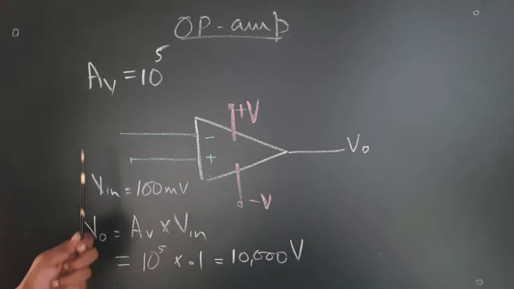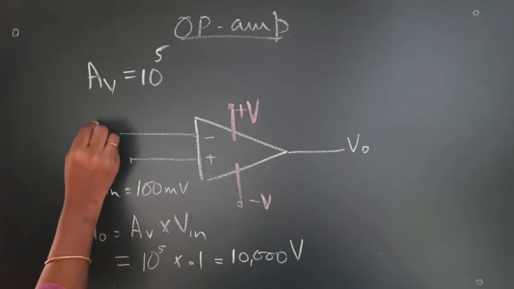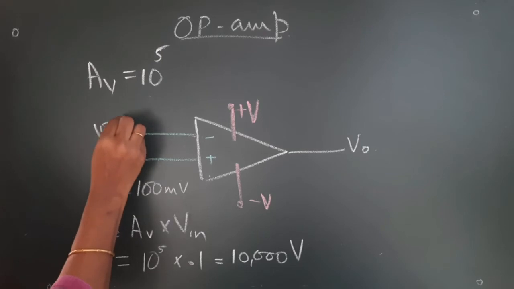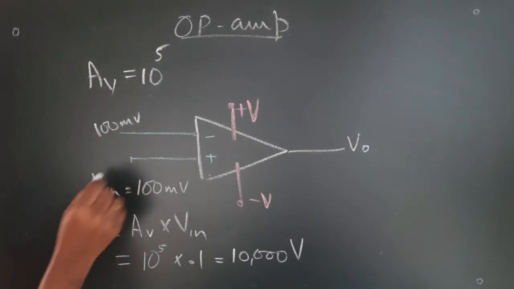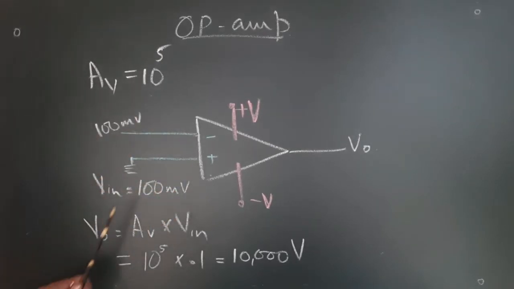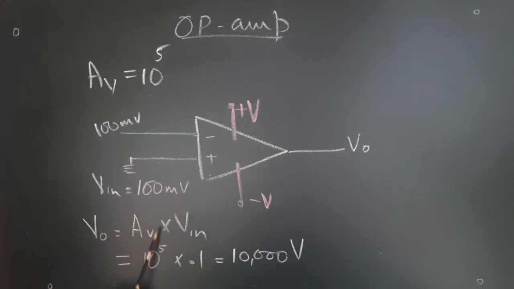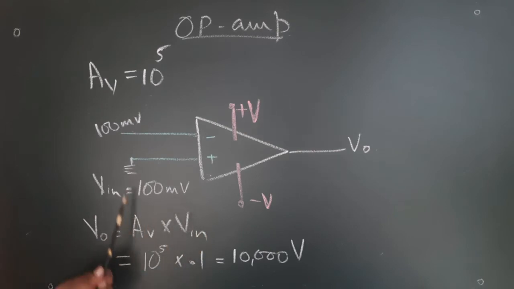So, if we are giving an input of say 100 millivolt here, then the output would be the voltage gain times the input. AV is V out by V in, so V out is equal to AV into V in. AV is 10 raised to 5 and V in I have taken as 100 millivolt or 0.1 volt.